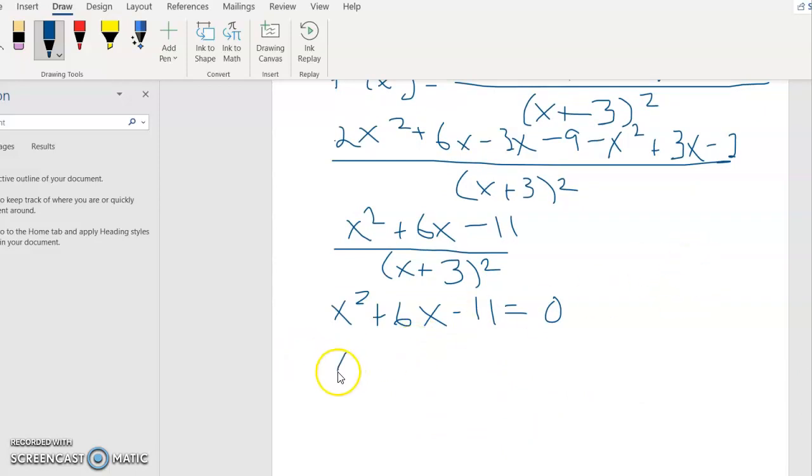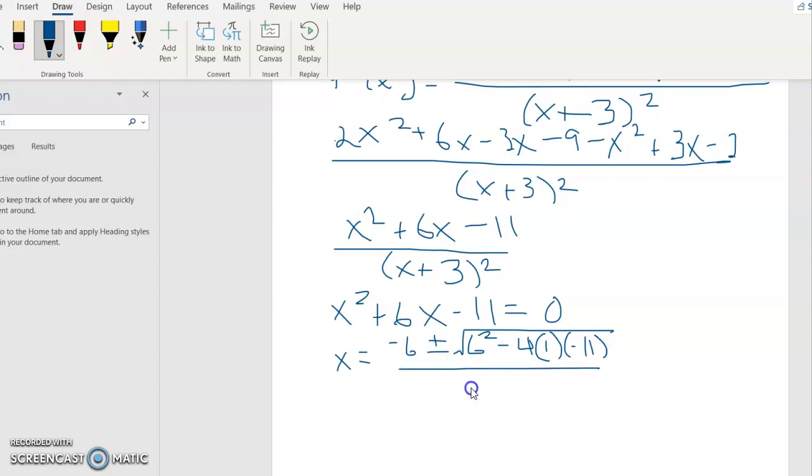All right, so we'll have negative b, which will be negative 6 in this one, plus and minus. B squared will be 6 squared, minus 4 times a times c, so that's times 1 times negative 11, all over 2 times 1. And let's work that out.